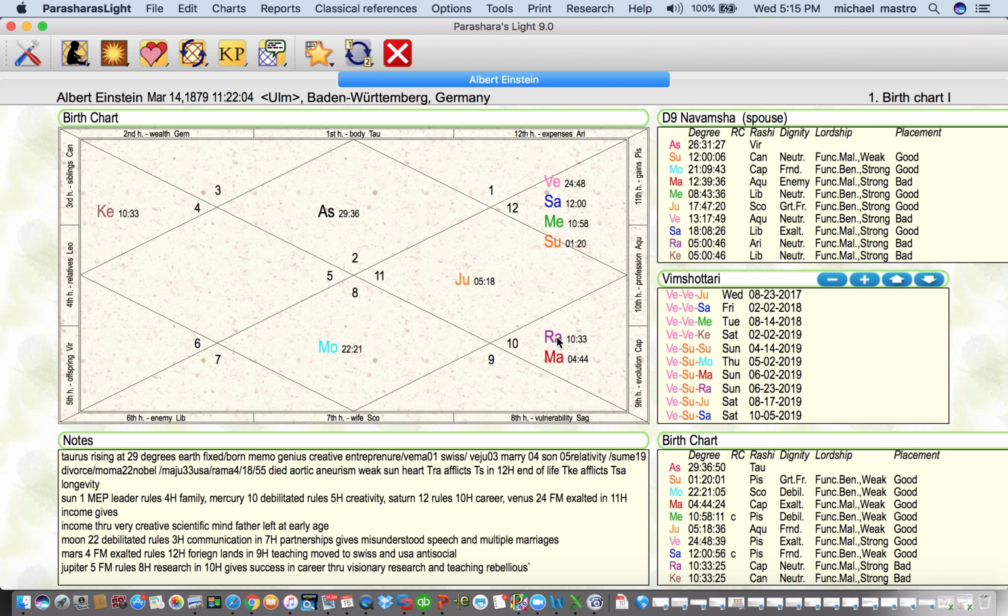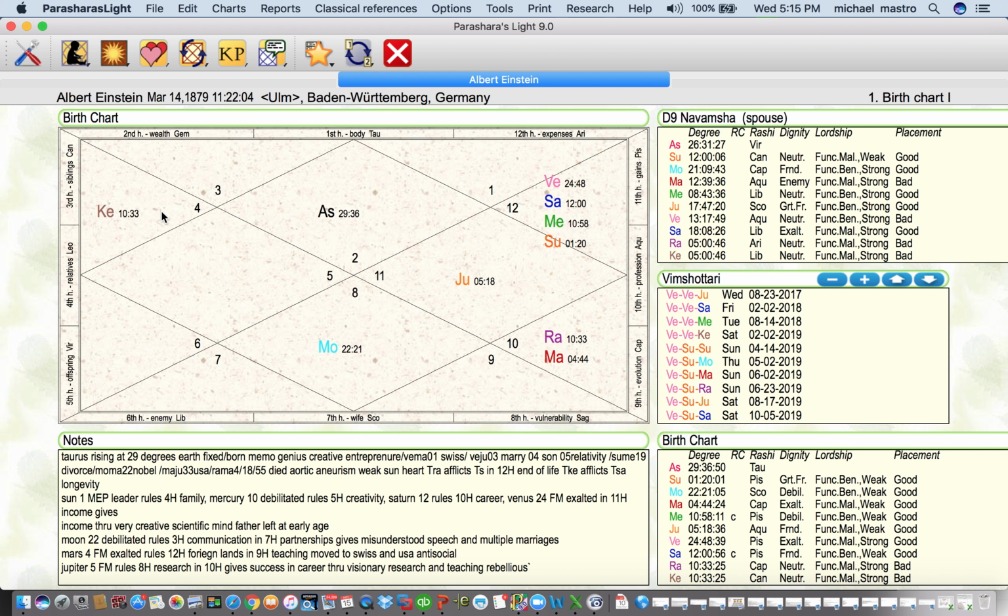So 1, 2, 3, 4, 5, 6, 7, 8, 9. So Rahu is benign. It's not afflicting any other planets or any other houses, except in the transit chart occasionally.